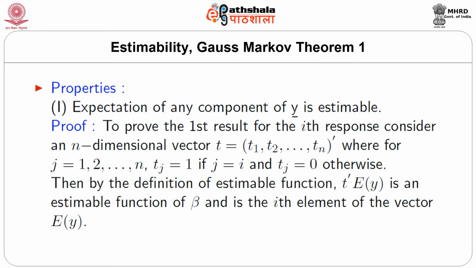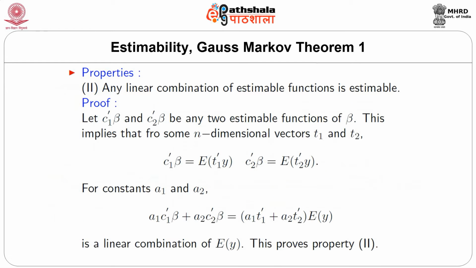Second property. Any linear combination of estimable functions is again estimable. The proof is quite straightforward. We start with any two estimable functions of beta. Call them c1 prime beta and c2 prime beta. Now, this means that you can estimate them unbiasedly. What does that mean?